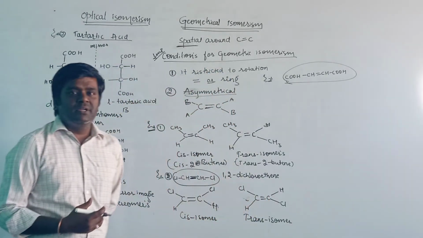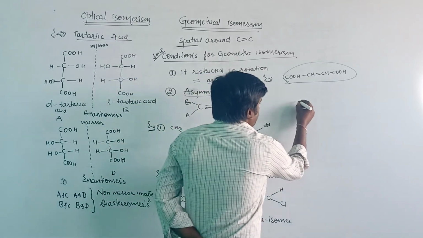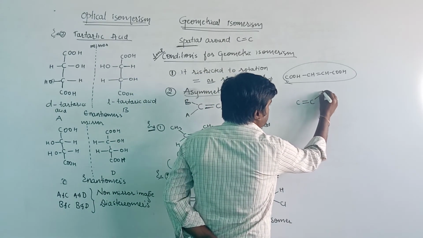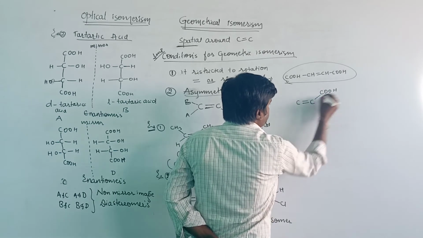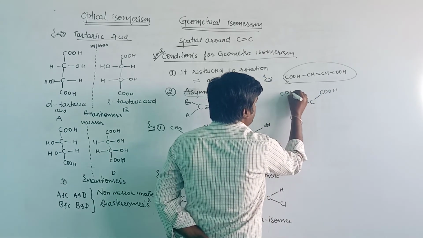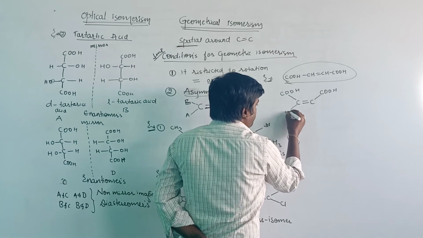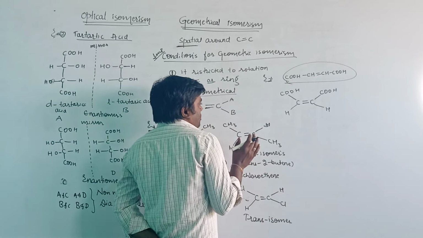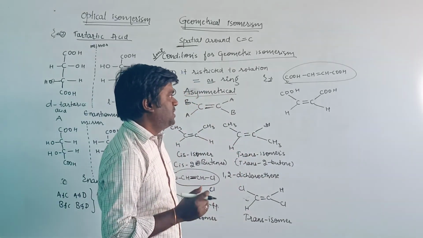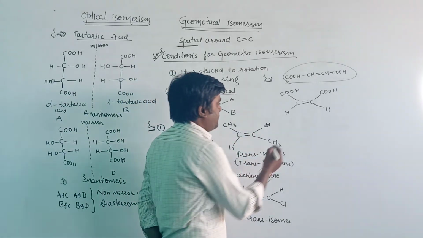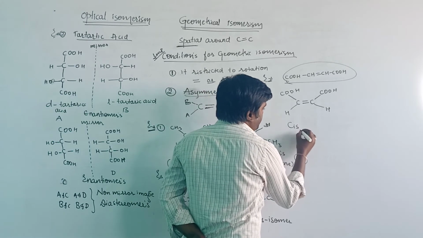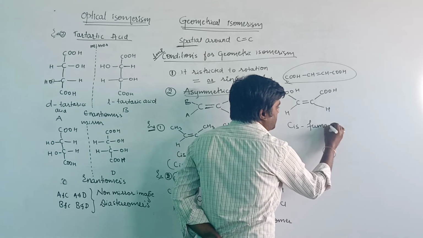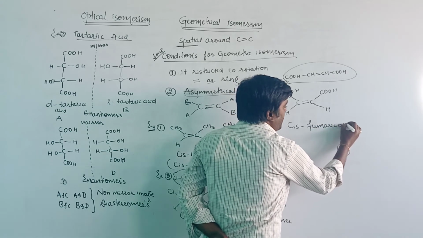C=C, with COOH and COOH here, and hydrogen and hydrogen here. When we observe, the COOH groups are on the same side, therefore it is the cis compound. The name for this compound is cis fumaric acid.